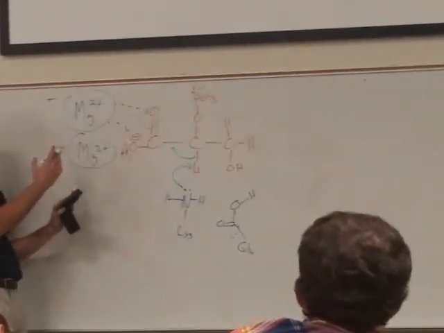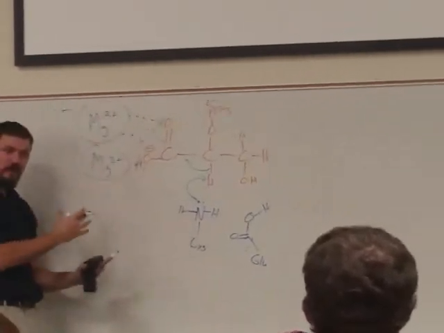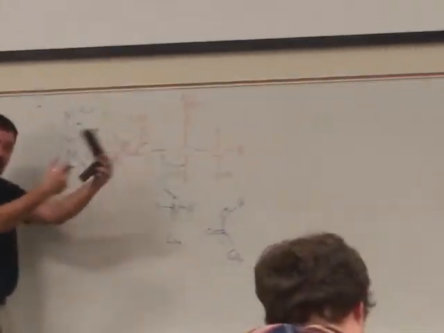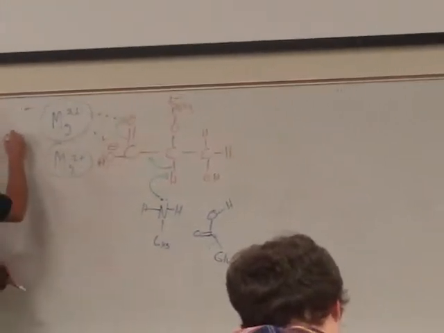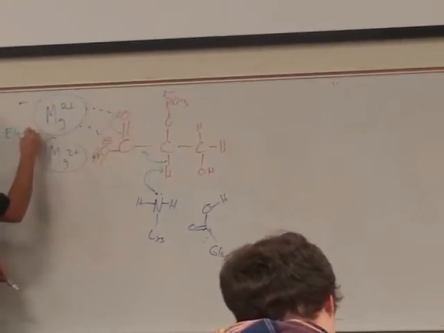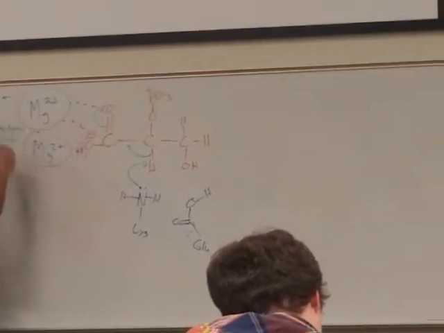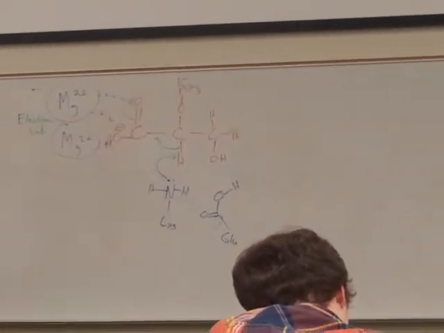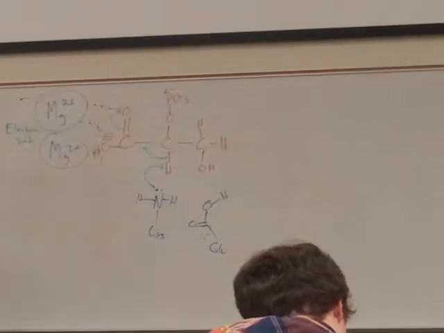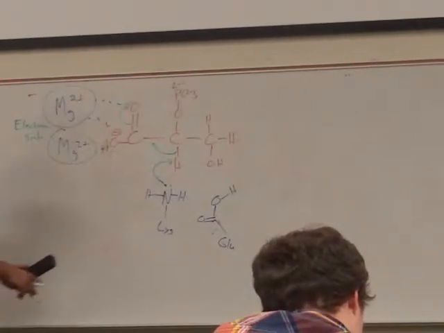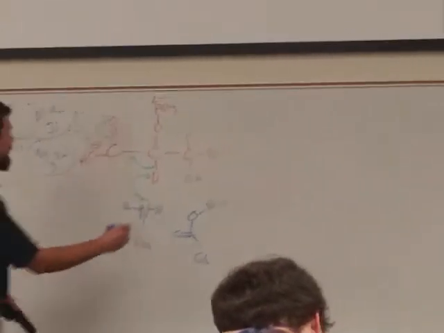You could think of these as your electron sink. Whenever we see positively charged things, usually electrons start to flow that way. So you could think about these as an electron sink, where the electrons flow to the magnesium, right? They don't get taken by it, but they flow that way, okay? And so this leads to our next step.